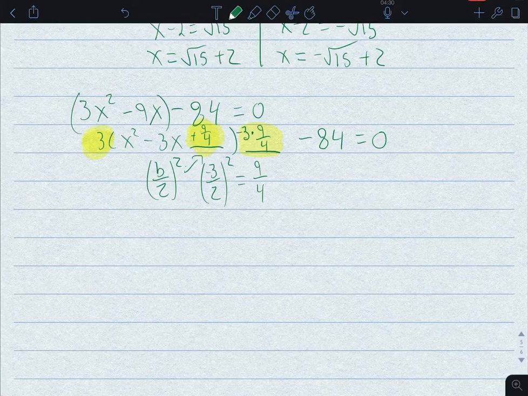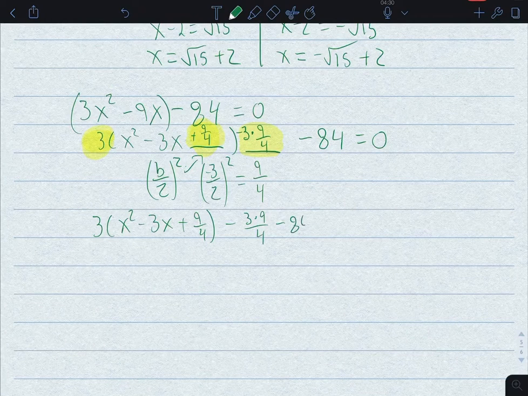Since it was positive on the inside, it's going to be negative on the outside. So let's write that down: 3x squared minus 3x plus 9 over 4, close parentheses, minus 3 times 9 divided by 4, minus 84 equals 0.